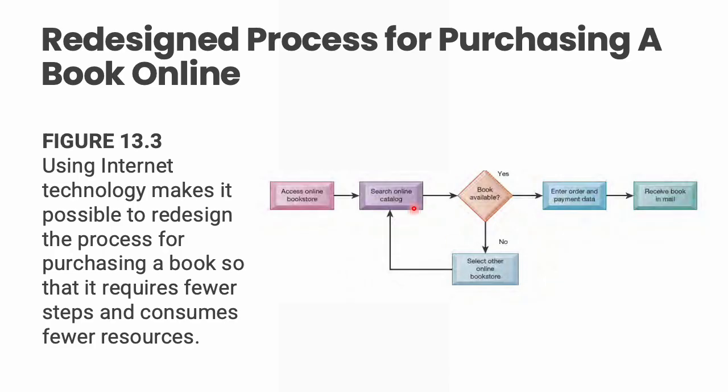This new process uses internet technology to remove or automate almost all of those steps. So now the process is incredibly simple and requires far fewer resources, like time and paper. Now you, the customer, just do a few things.